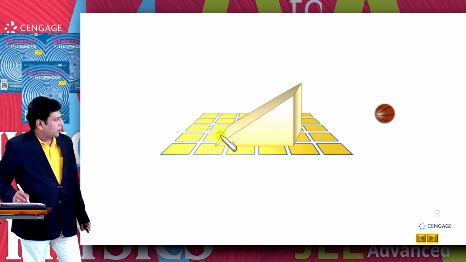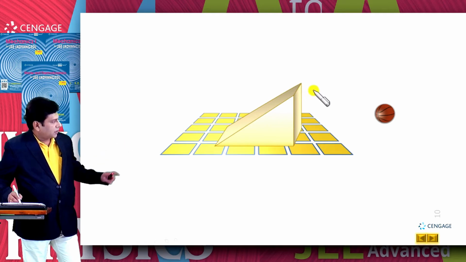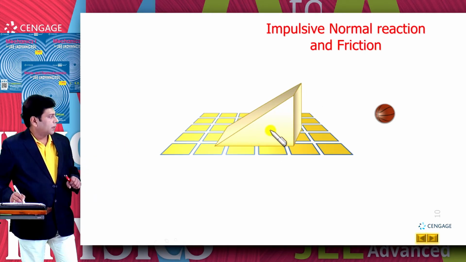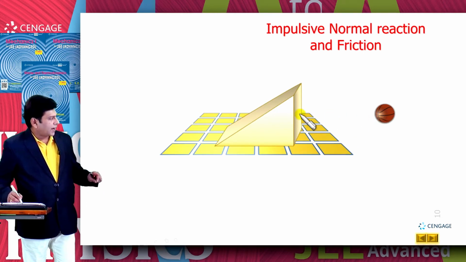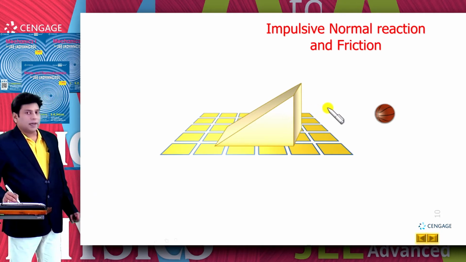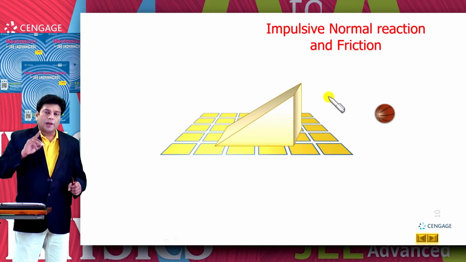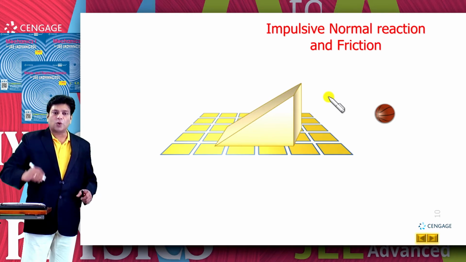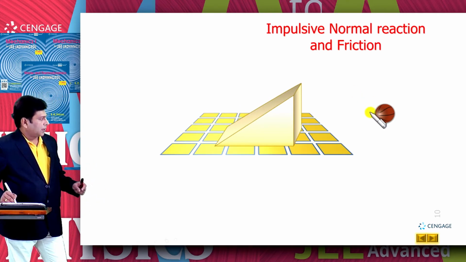Now let us take one more situation. In this situation you can observe this wedge is placed on a rough horizontal surface and this ball strikes the vertical face of the wedge, and here we are going to investigate on which surface the normal reaction and friction force are impulsive or non-impulsive. So let us strike this ball on the vertical face of this wedge like this.